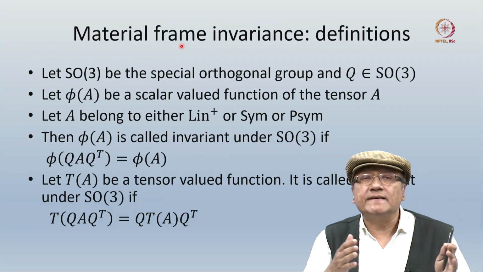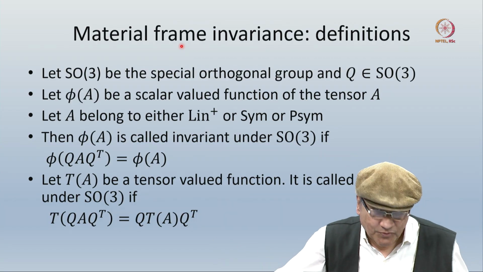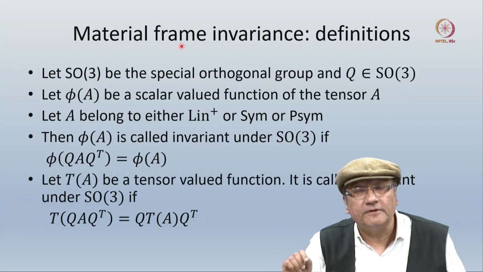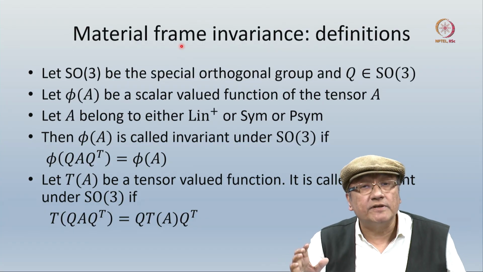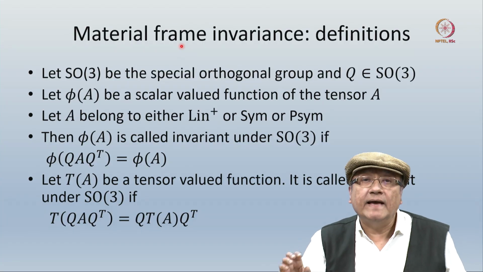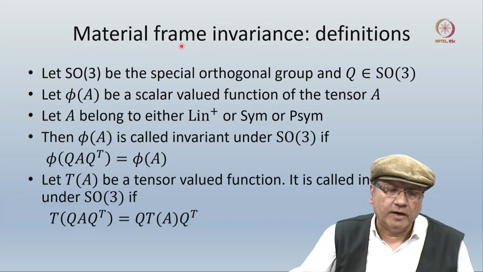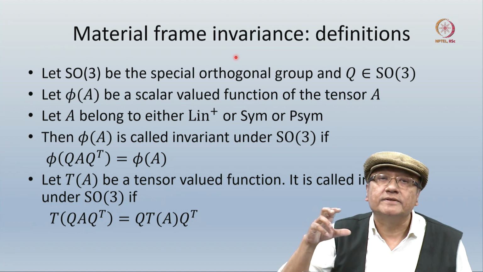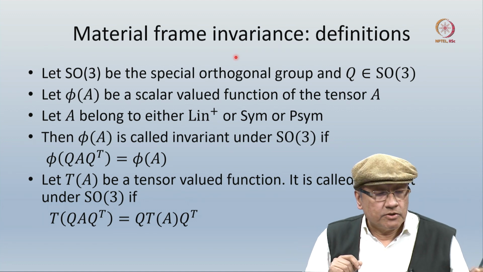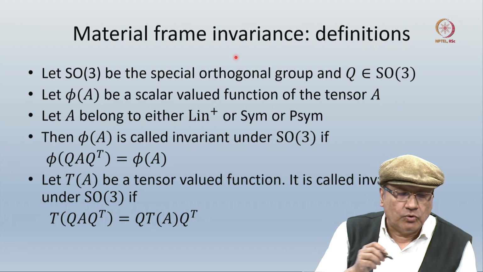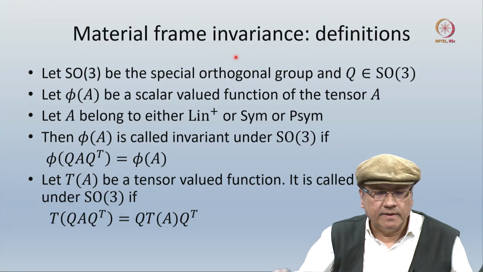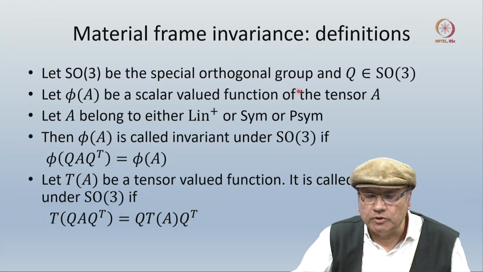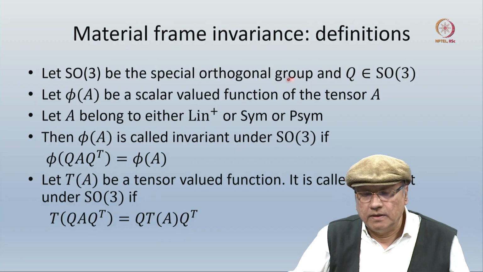For small strains anyway there is no spatial body, so we have only the material body or the referential body, right. So we have the referential coordinates, and we actually are talking about the rigid body rotation of these coordinate frames. Okay. So these rotations, as you know, are typically captured by the special orthogonal group, you know that.